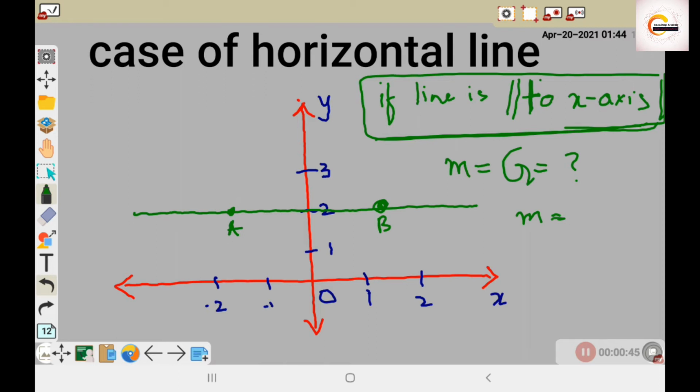How is it going to be 0? As I have told you, gradient means rise upon run, right? So let's calculate its rise and its run.